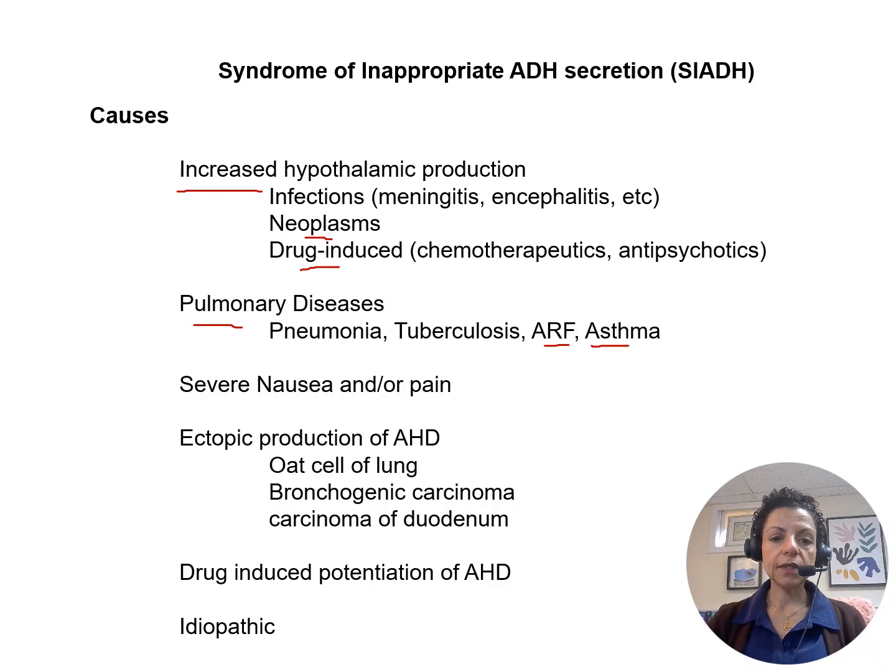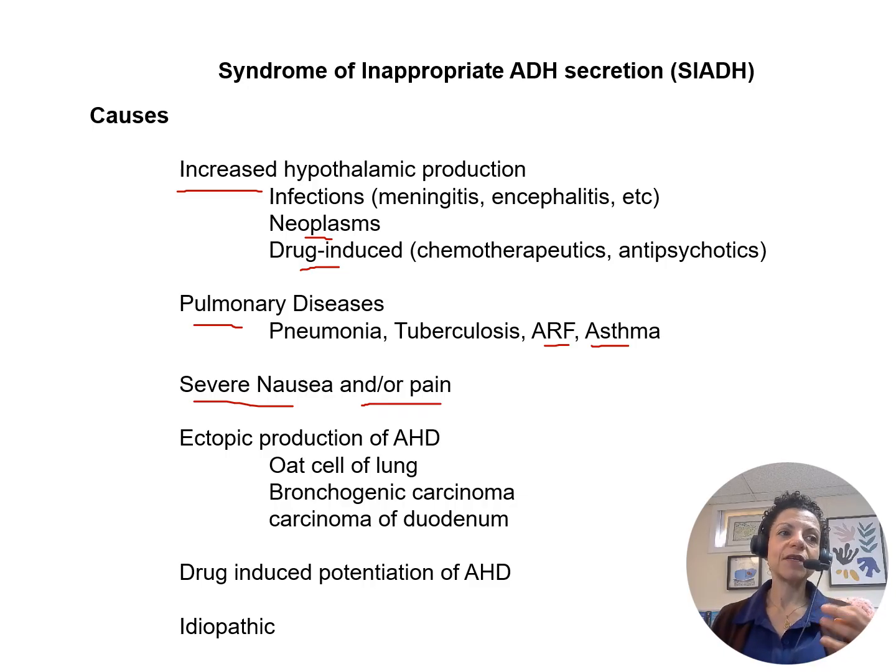We also see SIADH sometimes with severe nausea or severe pain. Okay? Now, we also see this sometimes with severe nausea, severe pain, traumatic injury, surgeries. So this is related to the activation of our stress response.